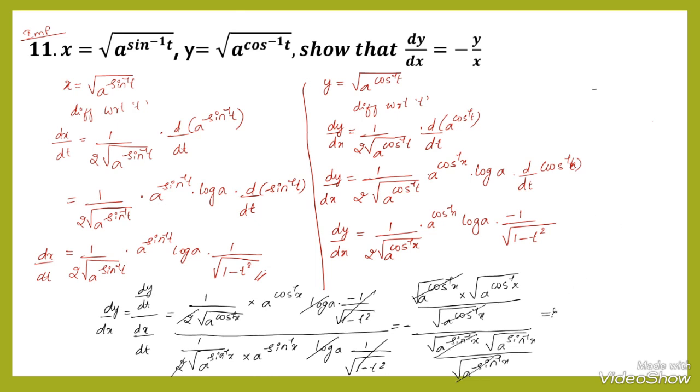Then it becomes minus root of a to the power cos inverse x divided by root of a to the power sine inverse x. We already know that root of a to the power cos inverse of x can be written as y, and root of a to the power sine inverse of x can be written as x.